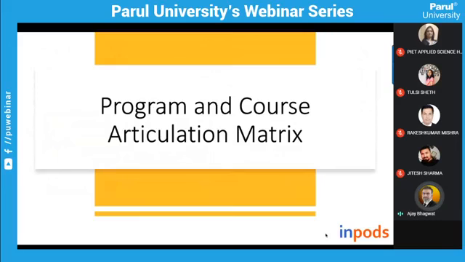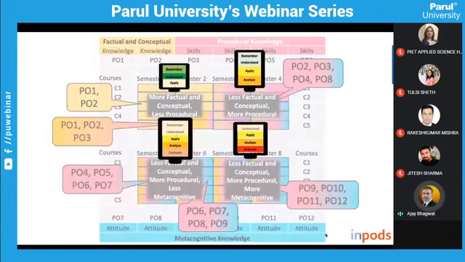We discussed the program articulation and course articulation matrix a little while ago. So this is our program articulation matrix. And I'm going to now go to the course articulation matrix, because here, if you look at one small brick of a course, I'm taking a very simple example.